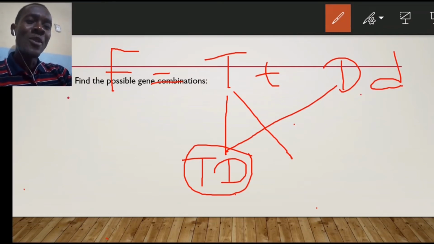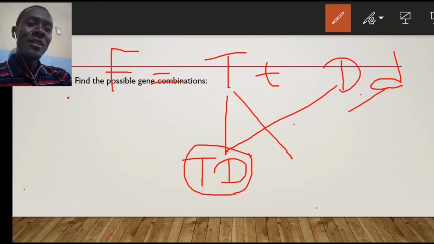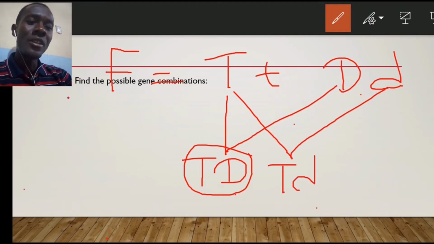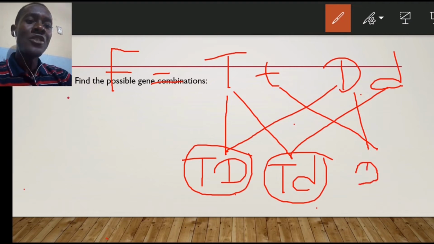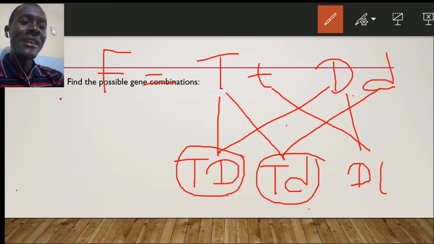So in the next gamete, you can either see a dominant tall gene forming with a recessive fair complexion gene. And then you can also have this possible gene combination as well, where you have dominant dark gene coming into effect with recessive short gene.